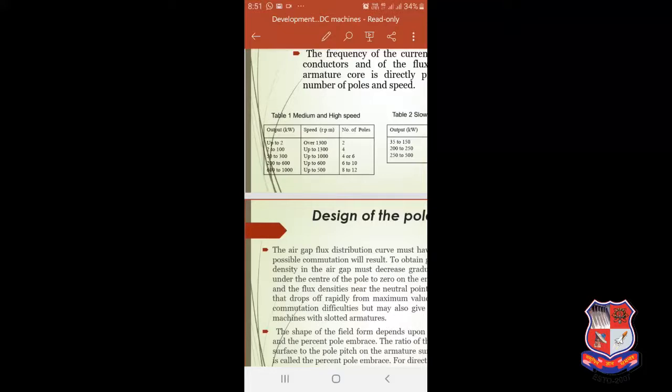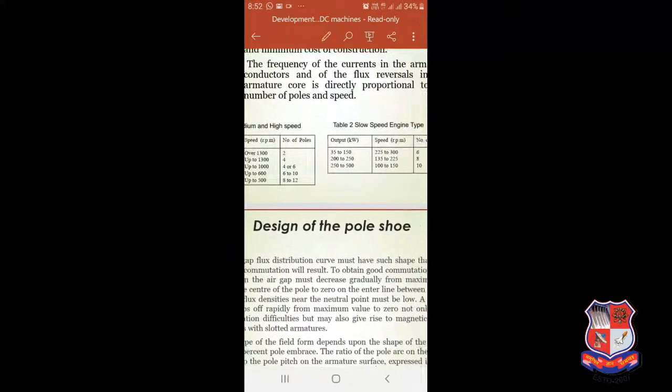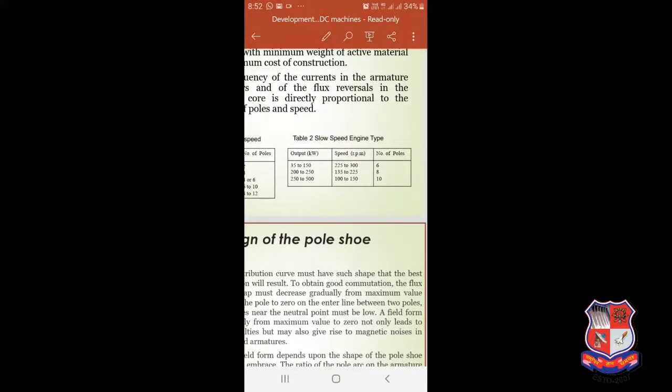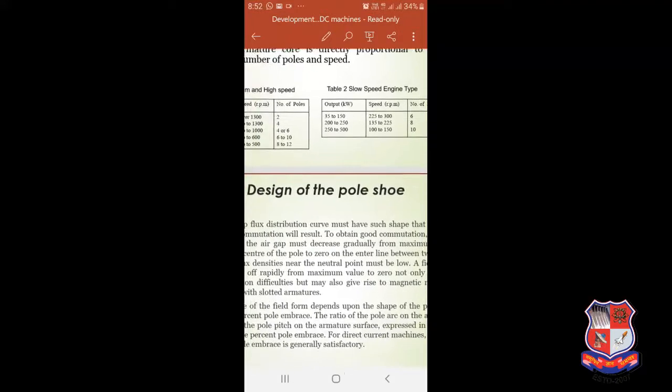For 2 to 100 kilowatt output, and if your speed is up to 300 rpm, then you have to use 4 poles. So according to your output and speed, you can choose your number of poles for the medium and high speed, as well as for the slow speed machine.